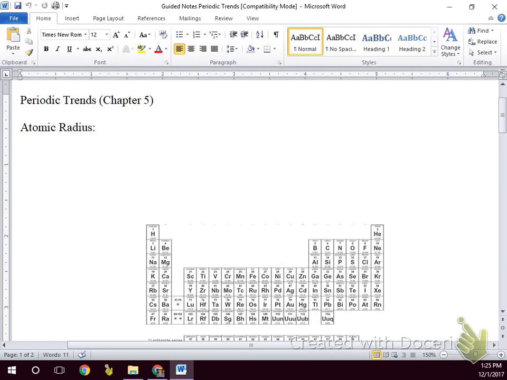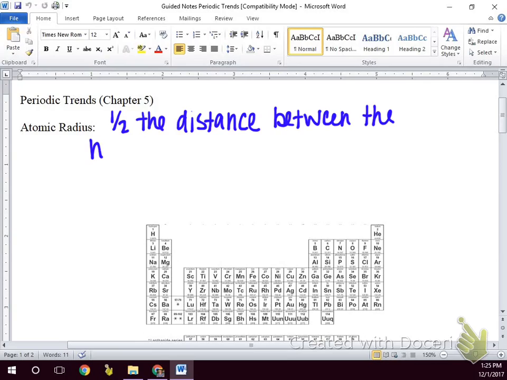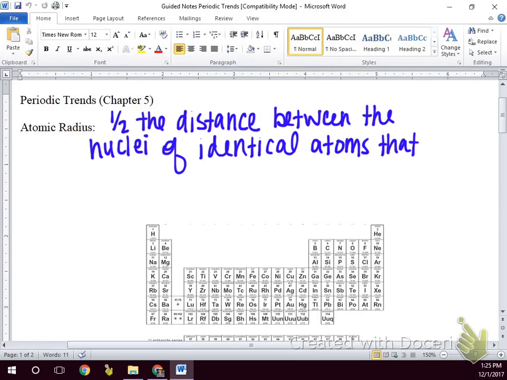So atomic radius is half the distance between the nuclei of identical atoms that are bonded together. Okay, half the distance between the nuclei of identical atoms that are bonded together.